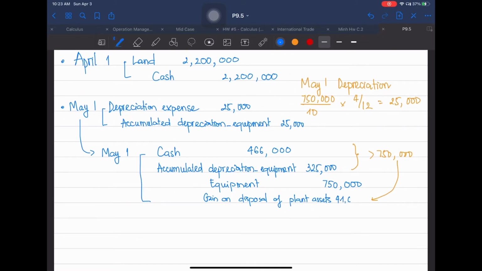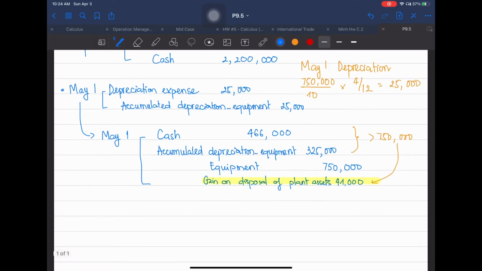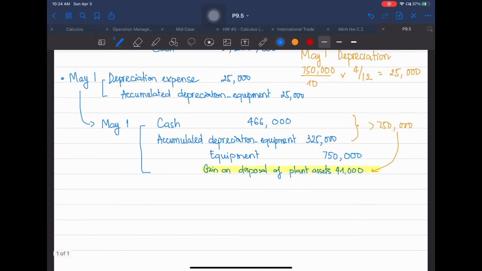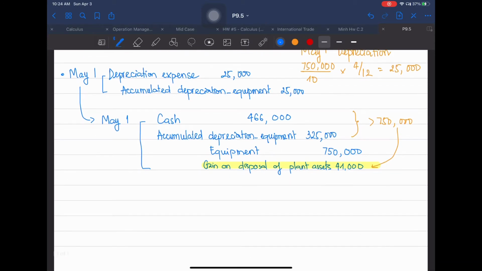So that's the reason why I put it here for the 1,000. And how do you get that 325? You just take 750 divided by 10 times 4 and plus back the 25,000 from the previous one. I will show the calculation here. So that will be equal to 325.